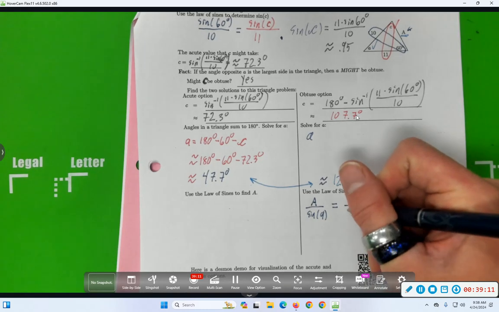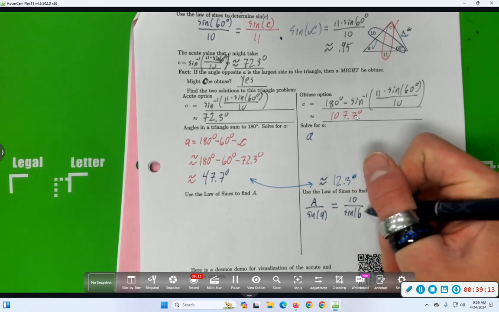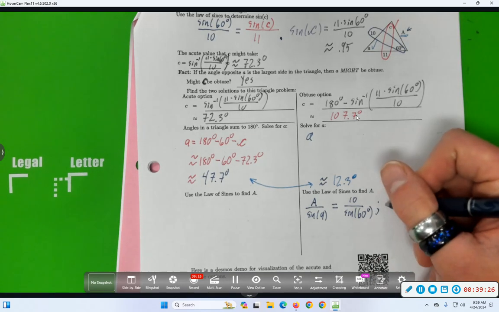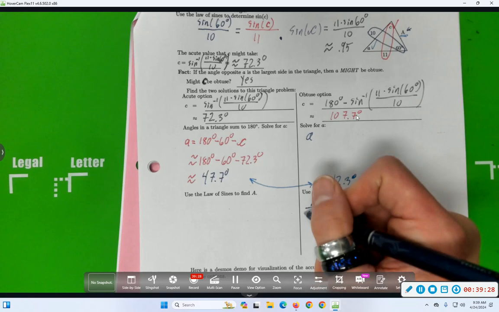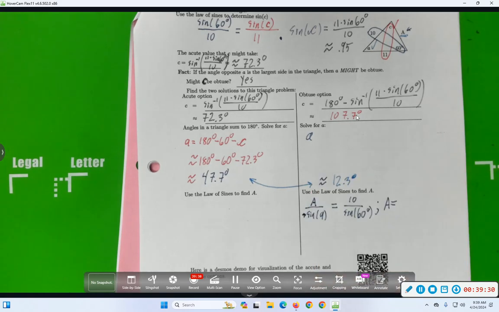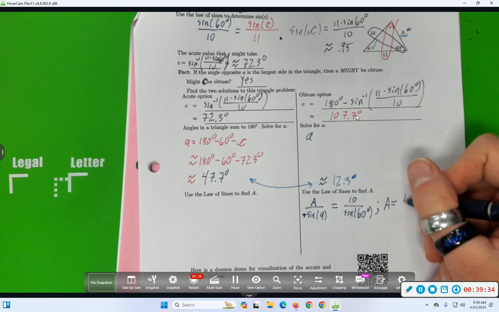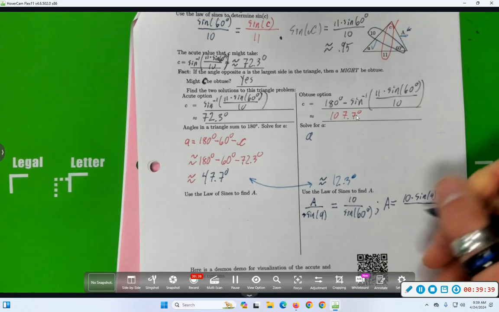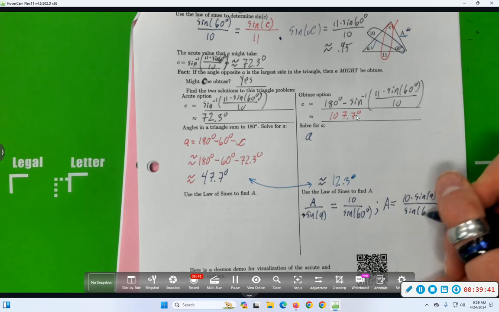10 divided by sine 60 degrees. Probably something we can solve for big A? Yeah, nice. So, do that. Capital A is equal to, I just need to get that denominator to the other side by multiplying: 10 times sine of little a divided by sine of 60 degrees.